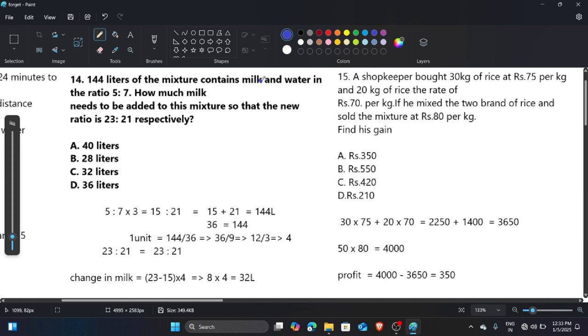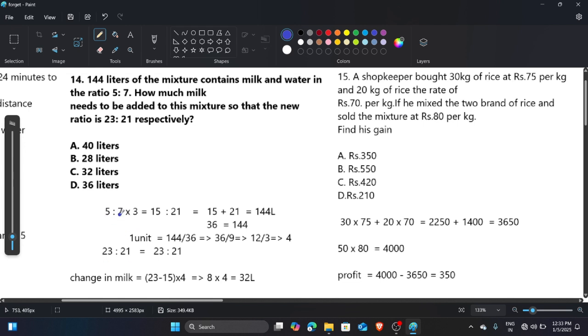Okay, means milk quantity changes. First it is something, and then after adding some more milk, it is something. So you can see that the water is the same in all conditions, because water is not added and not subtracted either. So somehow first ratio is this, and second ratio is this.